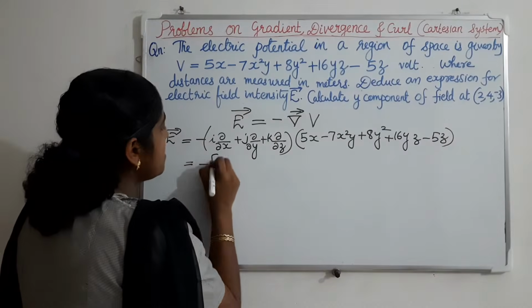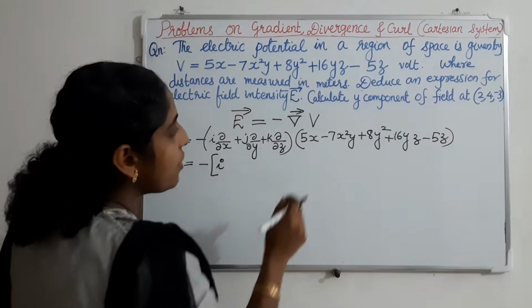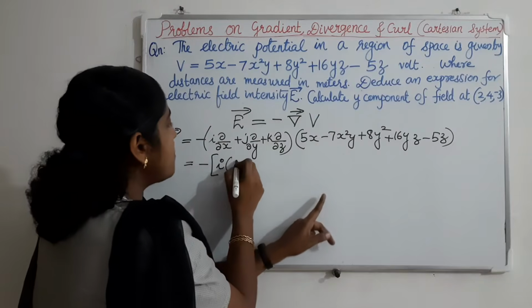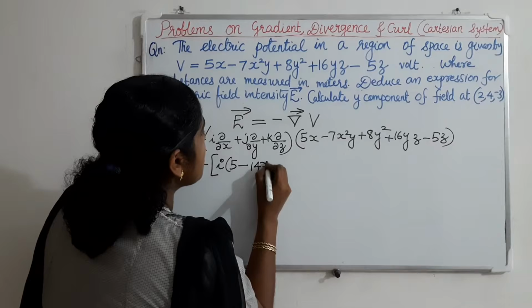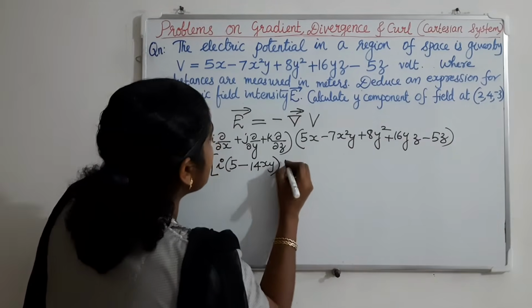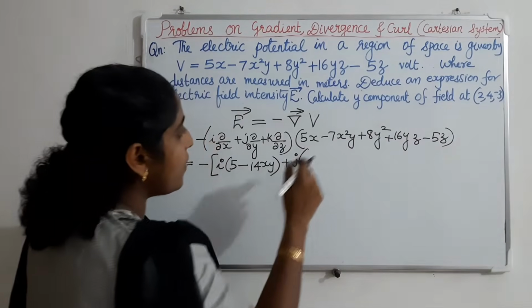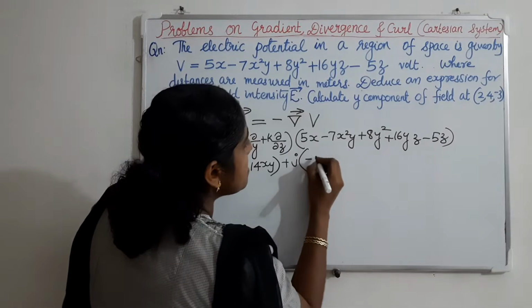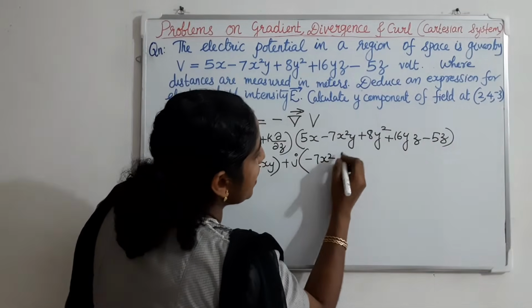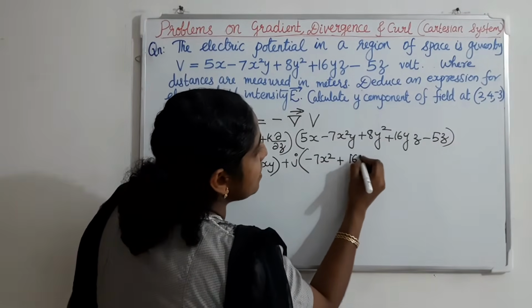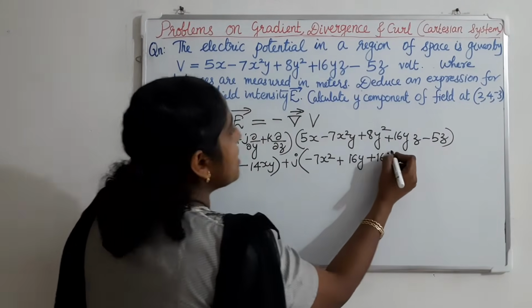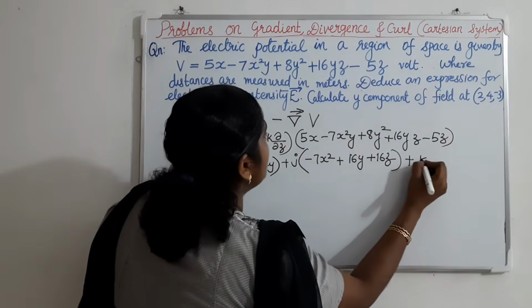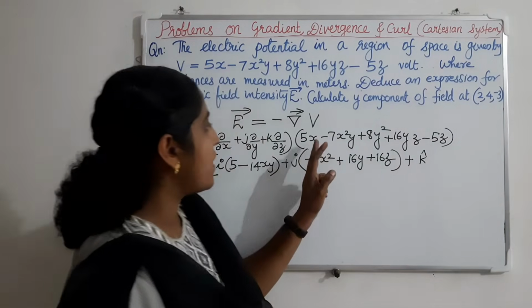That is minus [i into dou by dou x of this function, that is 5 minus 14xy, plus j into dou by dou y of this function, that is minus 7x squared plus 16y plus 16z, plus k into dou by dou z of this function.